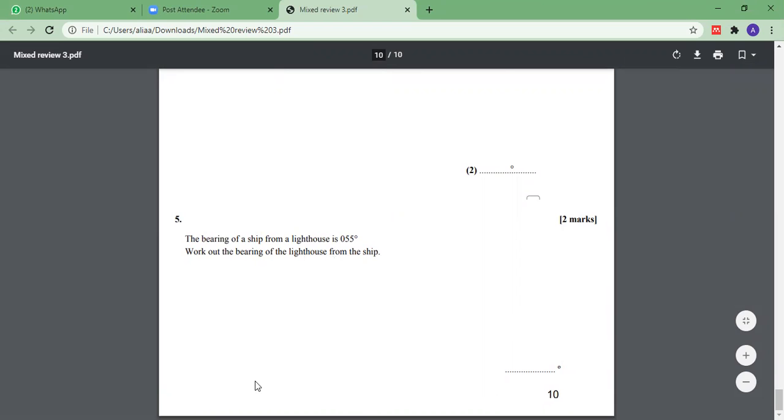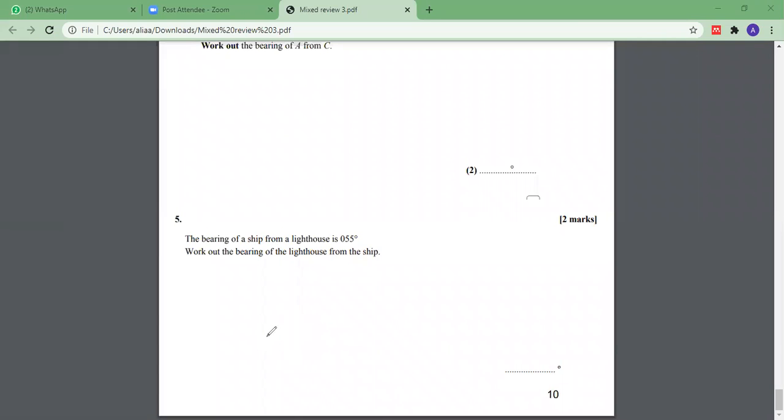Okay, he didn't draw anything, so I'm going to draw everything by myself. Lighthouse first.